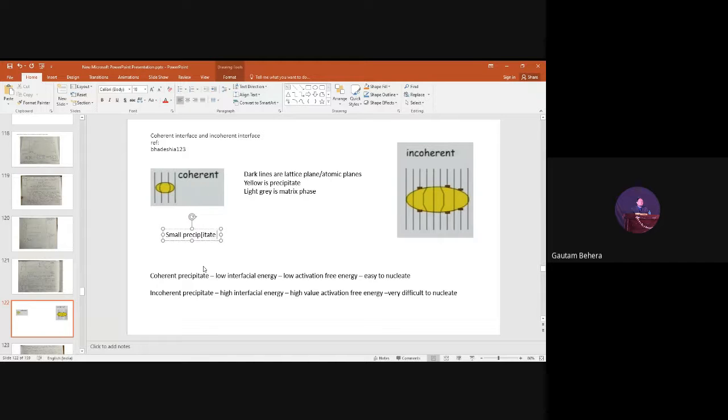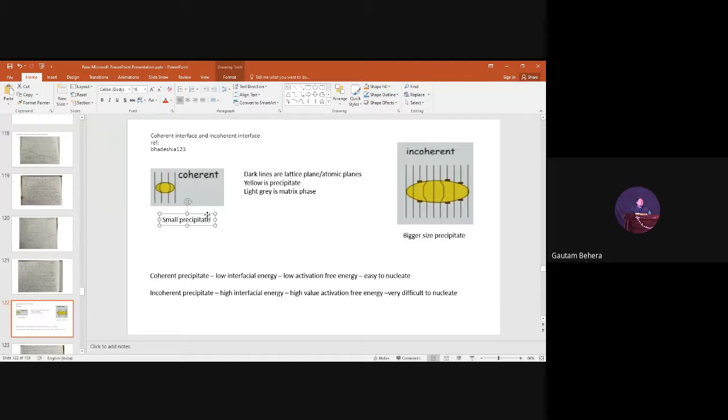The precipitate is smaller in size. And here it is bigger, right? Bigger size precipitate. Is it okay now? Any other difference? Okay, this is one difference about the precipitate.